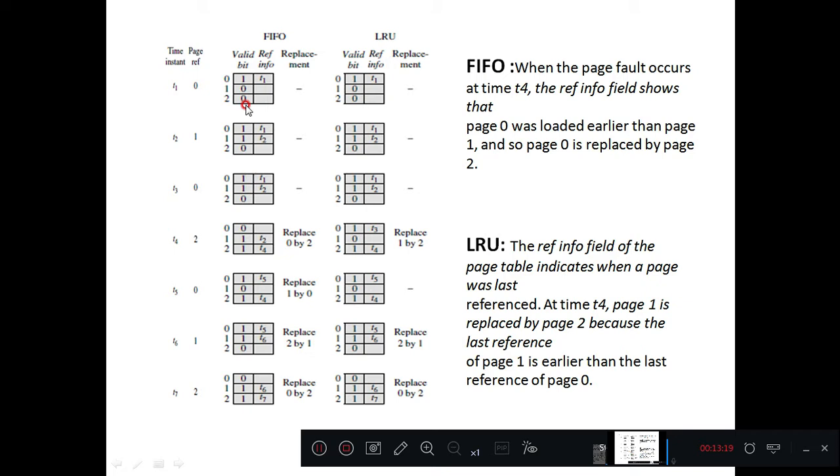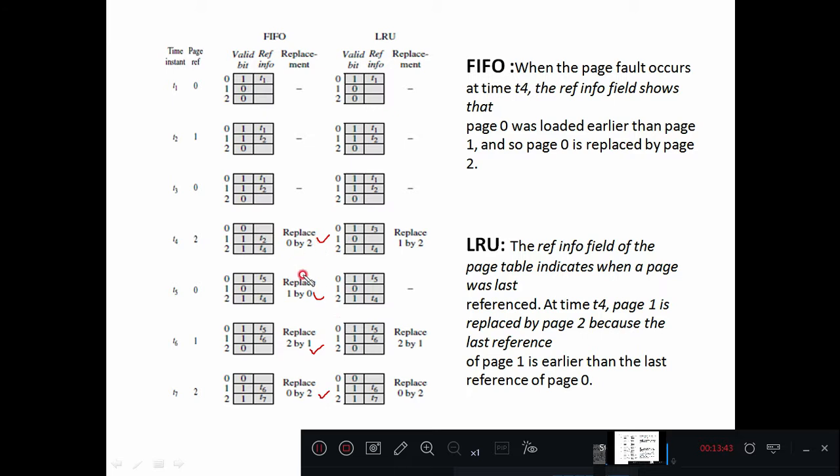Here in case of FIFO the overhead is very high, and we need to perform the swap in, swap out process multiple times, right? If I see how many page replacements, you can observe in the diagram that the page is replaced 4 times.